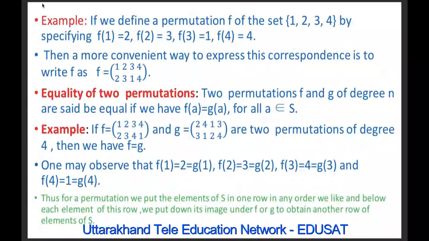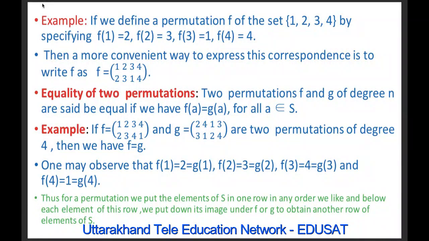For example, if you define a permutation on the set {1, 2, 3, 4} as F(1) equal to 2, F(2) equal to 3, F(3) equal to 1 and F(4) equal to 4, then it is more convenient to express the permutation as F equal to, in the first line we write 1, 2, 3, 4 and in the second line we write the images of these elements.